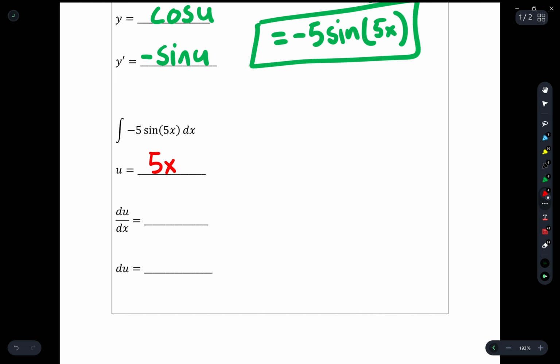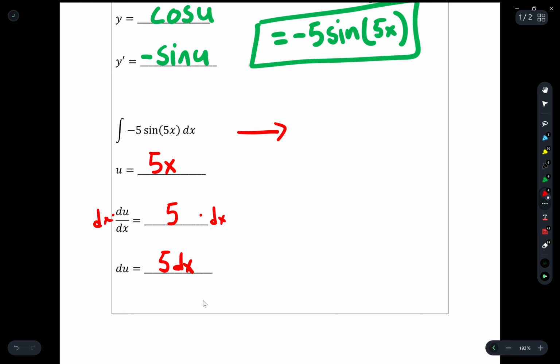We take du over dx, the derivative of u with respect to x, which is 5. We multiply both sides by dx because we need to have our dx here, so this is just 5 dx.